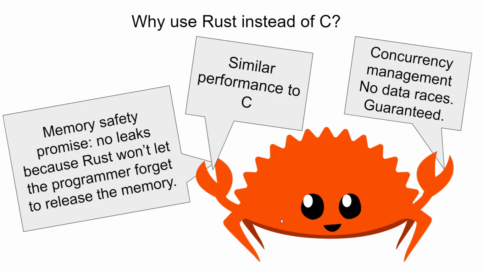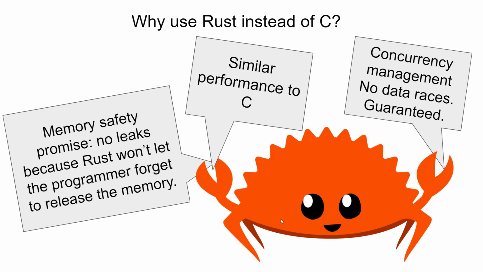So these promises of safety allow a programmer the freedom to be more aggressive with the types of optimizations, especially with parallel optimizations, because you don't have to worry about the data races or the memory leaks.